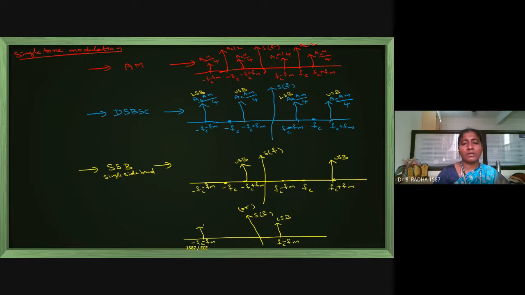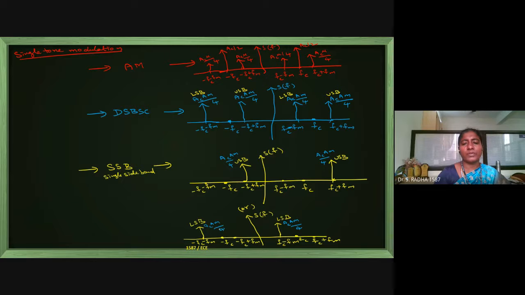At minus Fc plus Fm and plus Fc plus Fm, no pillars. This is about the single sideband. In simple terms, one pillar is cut off. The height remains the same, AC Am by 4 and AC Am by 4.